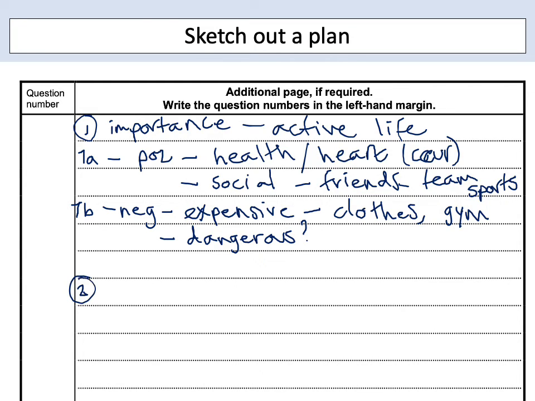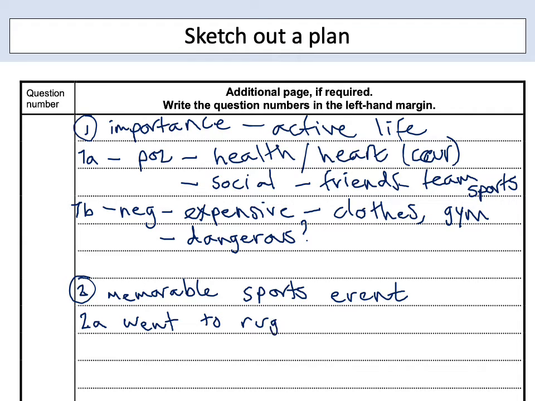Bullet 2 then is memorable sports event. And again, we're going to do exactly the same thing. We're going to break them into 2. So 2A, let's say we went to rugby with, that's my little meaning with, let's say we went with our friends, and we're going to get in some opinions here.